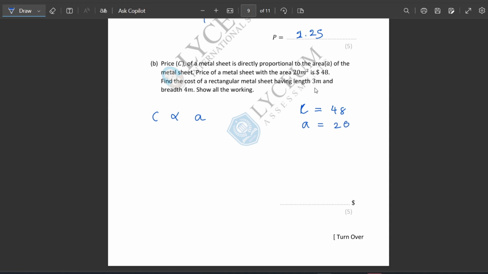Find the cost of a rectangular metal sheet having length 3 and breadth 4. So the area they are asking about is 3 times 4, so 12 m squared. For that area they are asking the price.